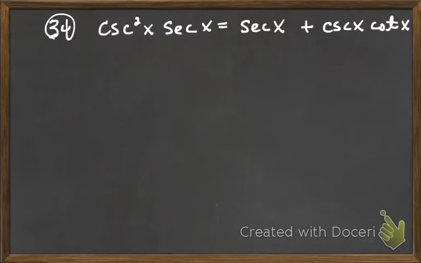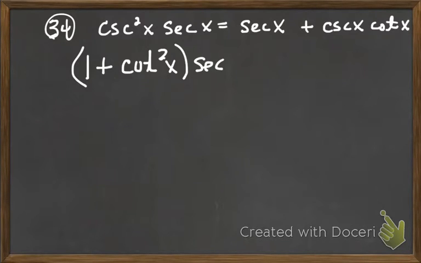So y'all see anything that you could start with on the left-hand side? All right, somebody over here said you could turn cosecant squared into 1 plus cotangent squared. And why do you think that is a good thing to do? And why do you think that would be better than turning everything into sine and cosine?